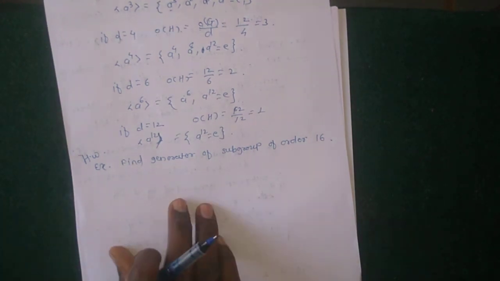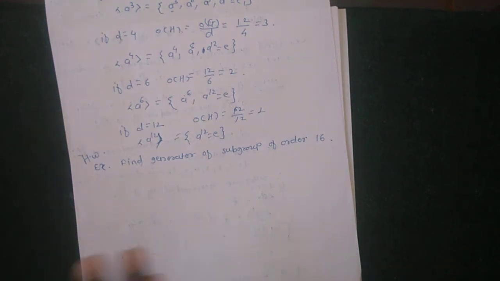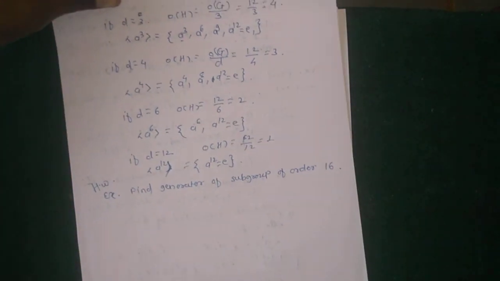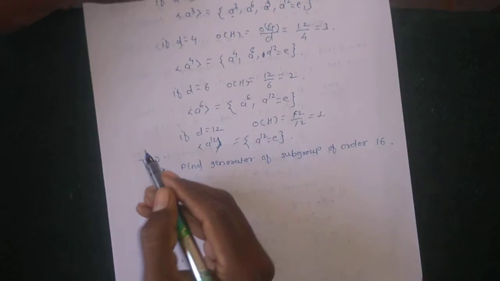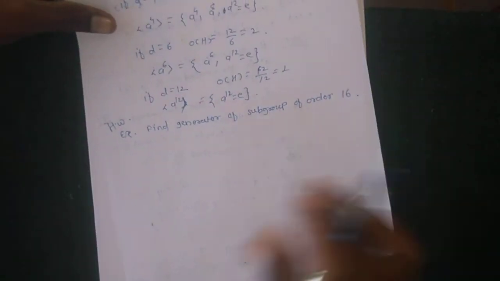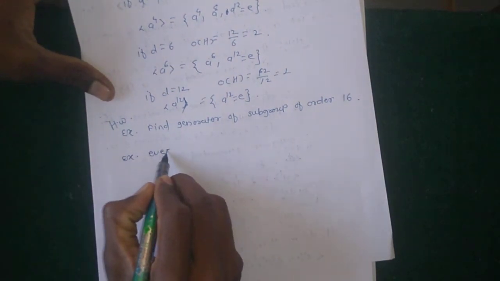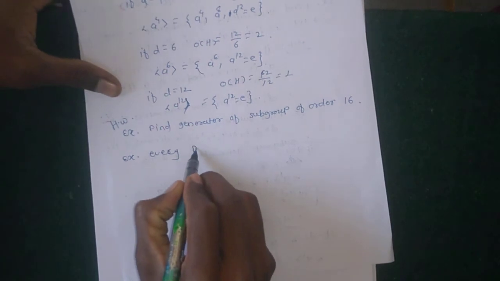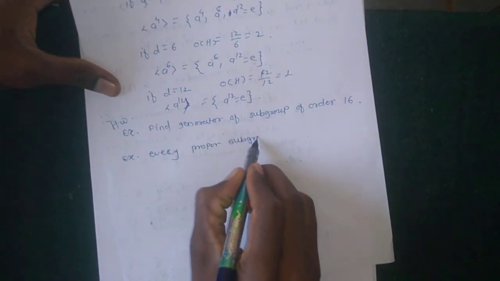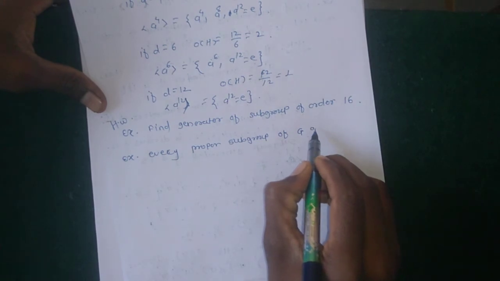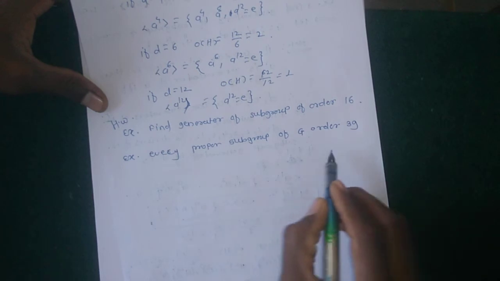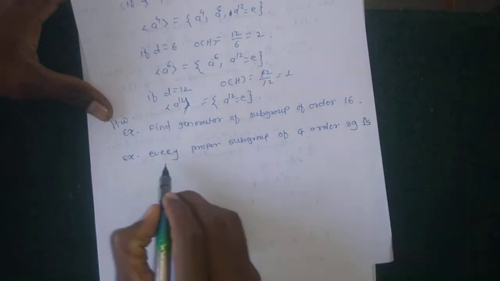Okay, so then the next example. Every proper subgroup of G of order 39 is cyclic.